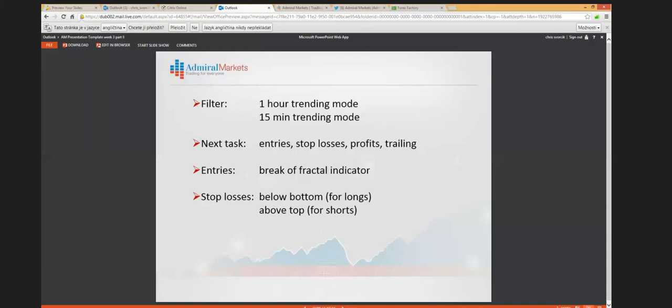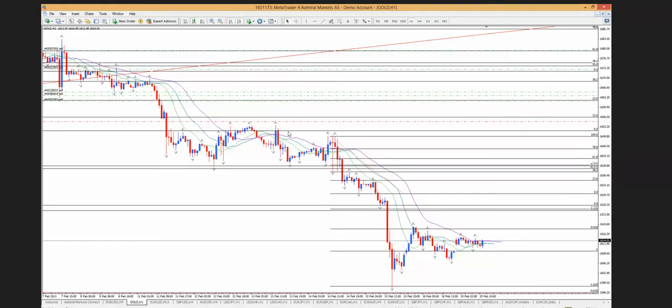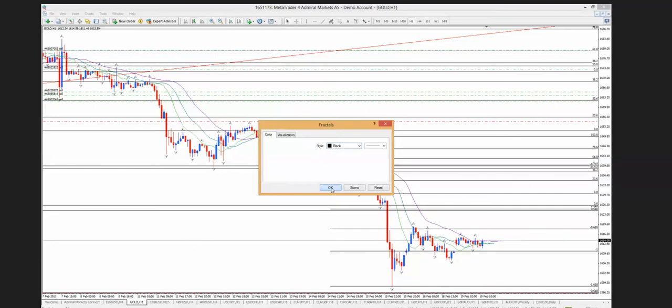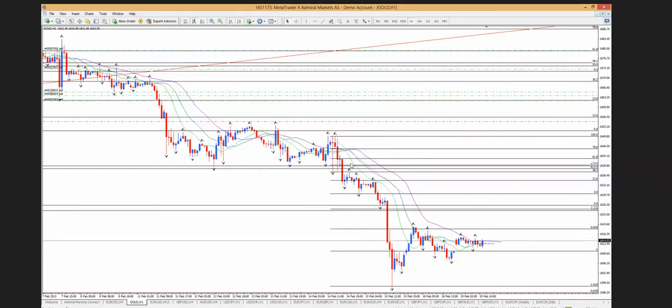So we have this fractal, and I'll just show you the fractal quickly. I'll make it black so you can see it a bit better, all right? You can see that it gives tops and bottoms, and that's what we're going to be using for the actual entry. This is a 1 hour chart, just for hypothetical purposes only. There's nothing wrong with using fractals for the 1 hour entry as well, but that's not the strategy at the moment.